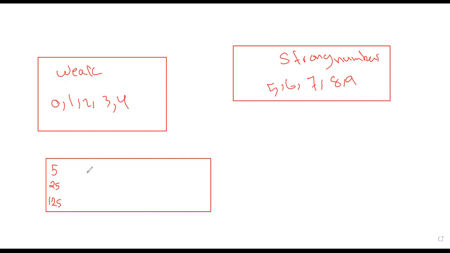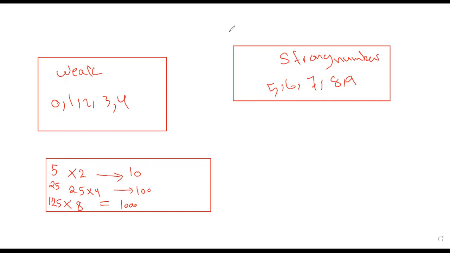How? 5, actually grade 5, is a friend of 2, because when I multiply 5 times 2, the answer will be 10, which could be changed into a decimal. And the opposite, 25 by 4 is 100, so I can turn it into a decimal. 125 is a friend of 8, because when I multiply it by 8, it will give me 1000.